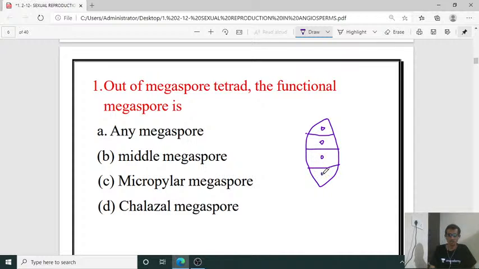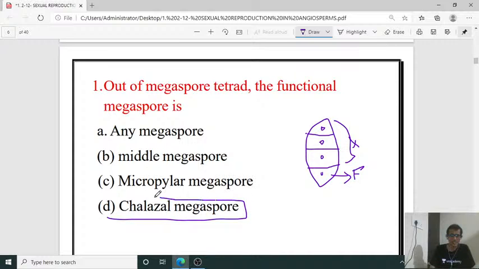After this 4 megaspore formation, 3 will degenerate, and only one is the functional megaspore, isn't it? So with respect to this one, it is a Chalazal megaspore.